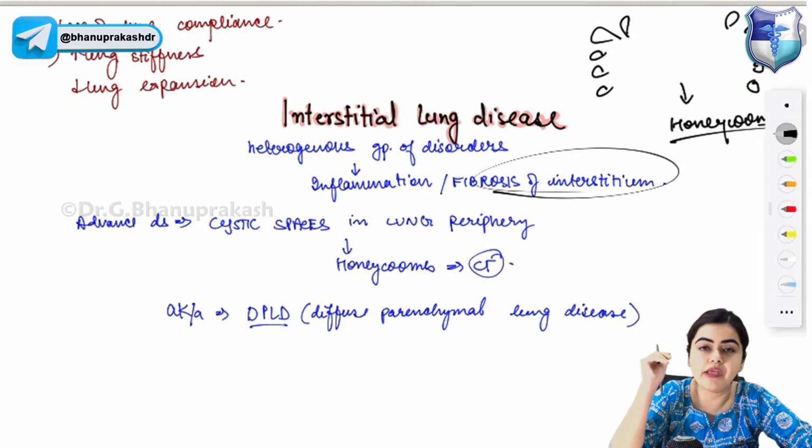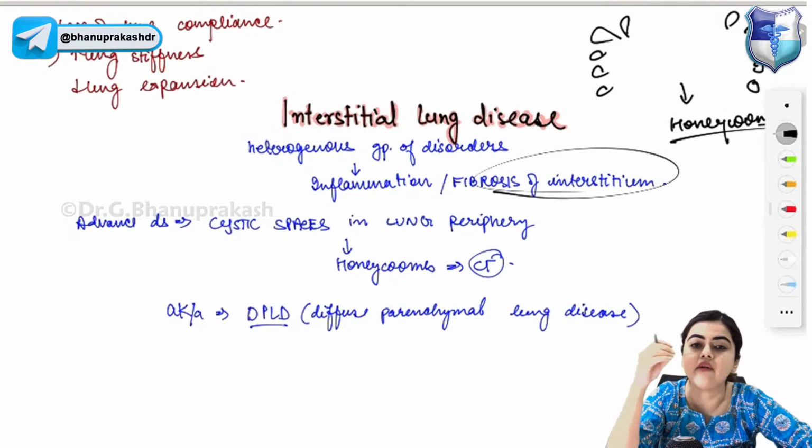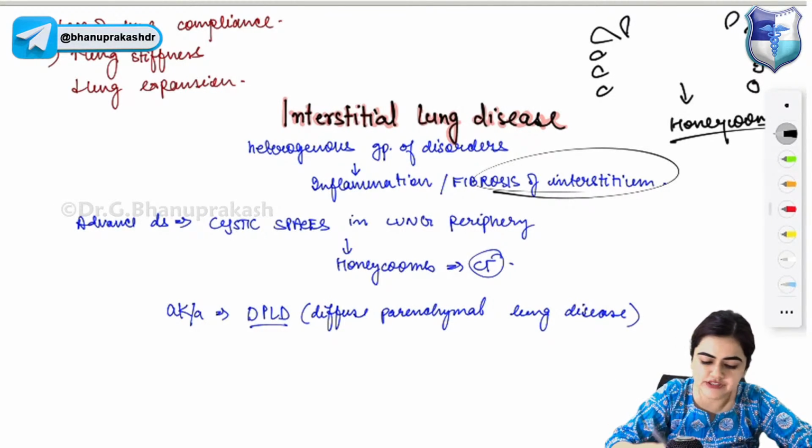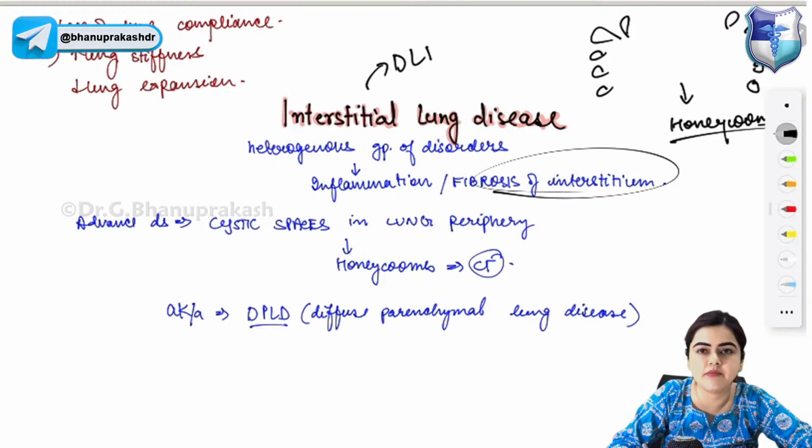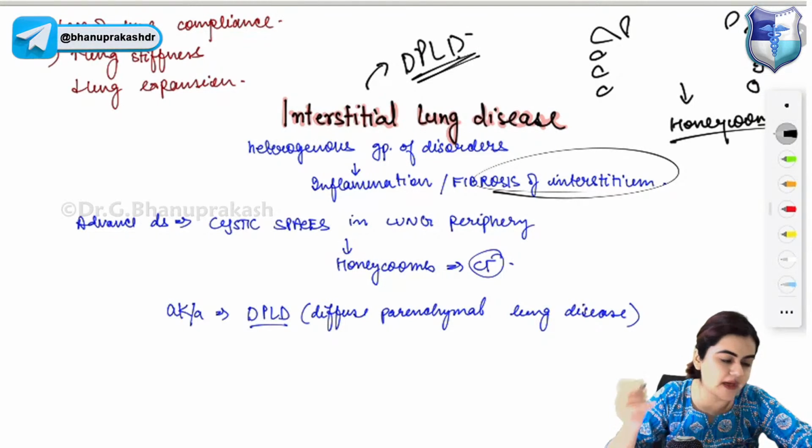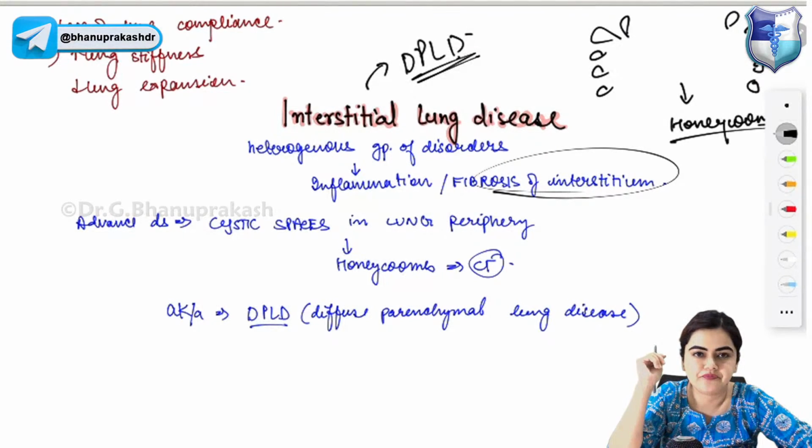Interstitial lung disease is also known as DPLD, that is diffuse parenchymal lung disease.